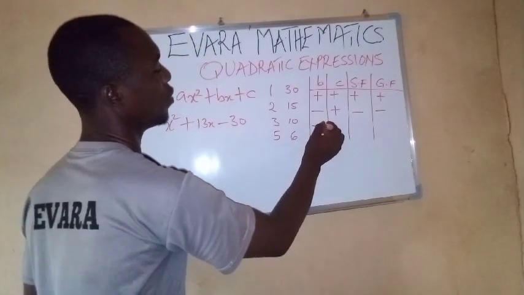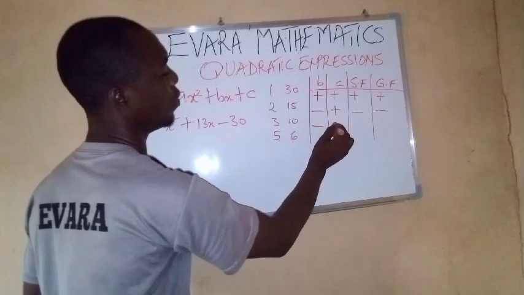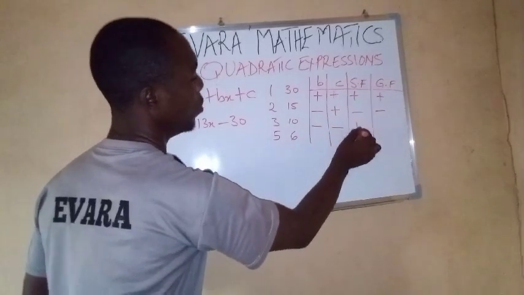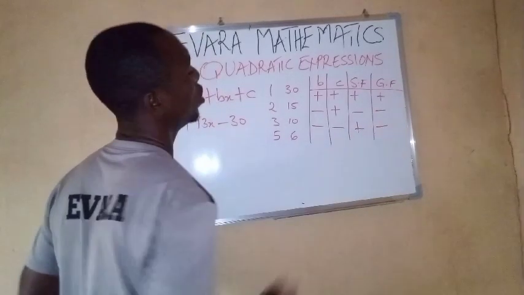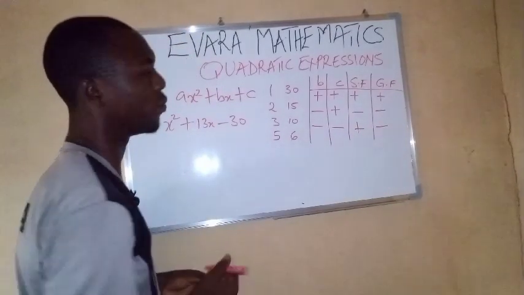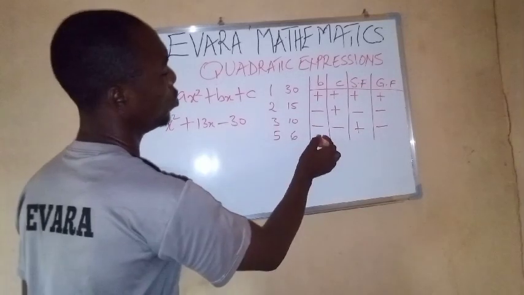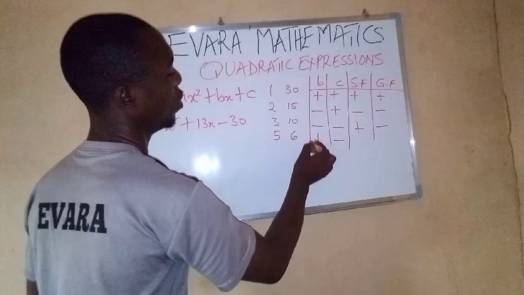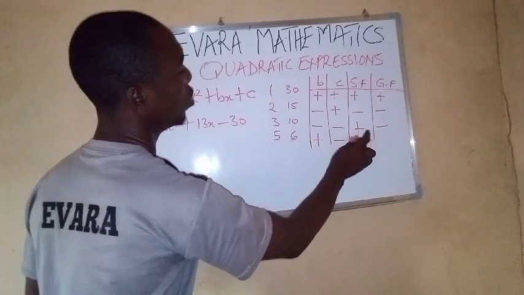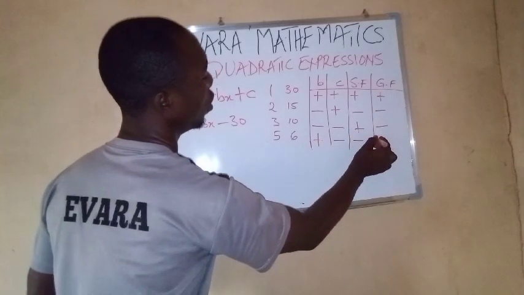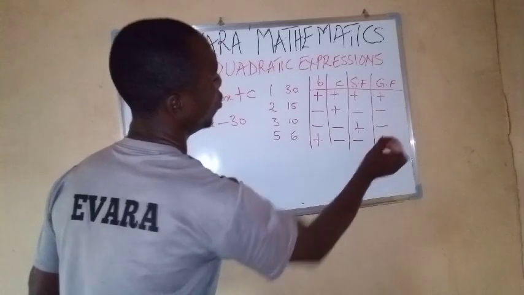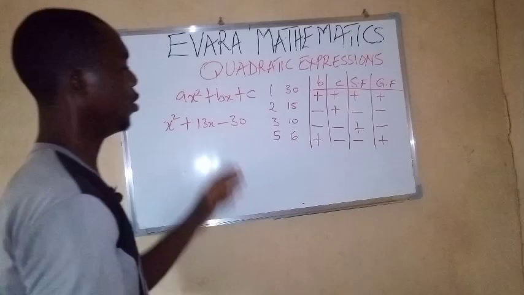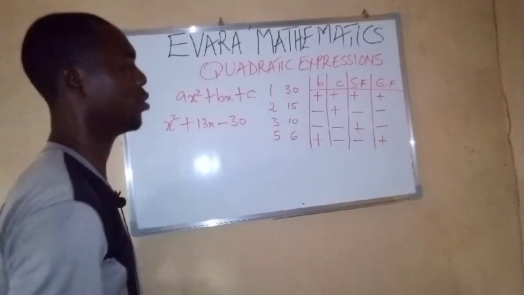When b is negative and c is negative, the smaller factor will be positive and the greater one will be what? Negative. And the last one, when b is positive and c is negative, the smaller factor is going to be negative and the greater factor will be positive. So if you are familiar with this table, it will be easy to pick factors here.